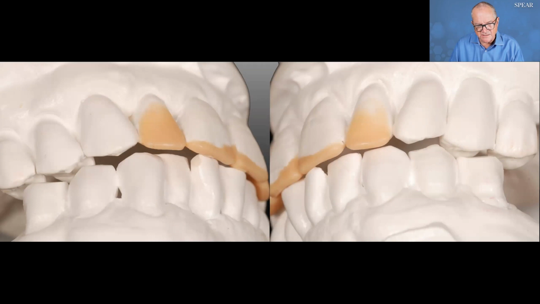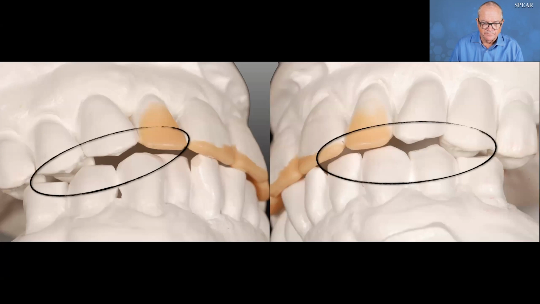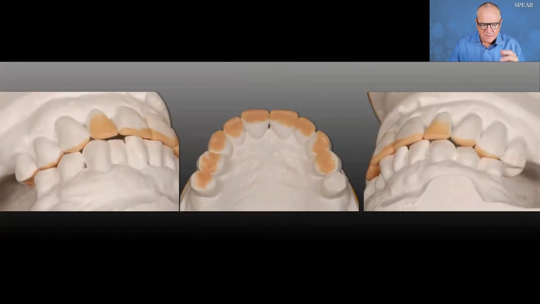And now on the models, he can decide, should I equilibrate the lower incisors? Should I add some composite to the posterior teeth? Shall I do a little bit of both, which is what he did? And so here you can see where the wax is added to the posteriors, and the lower anteriors were equilibrated as well to close the bite back down a little bit.